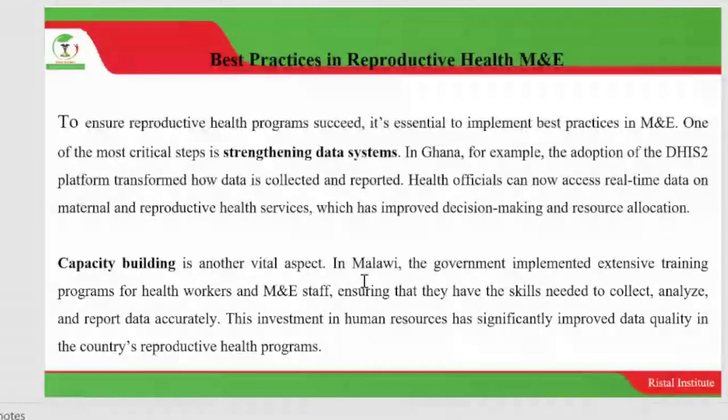We know that we still have very many programs that do not have strong data systems: how data is collected, how data is managed, how data is analyzed, and then how data is disseminated. Many systems do not have that. So the best practice is that you need to strengthen your data systems, and have probably how your data bank is.